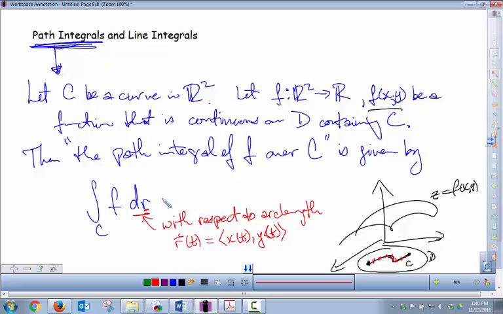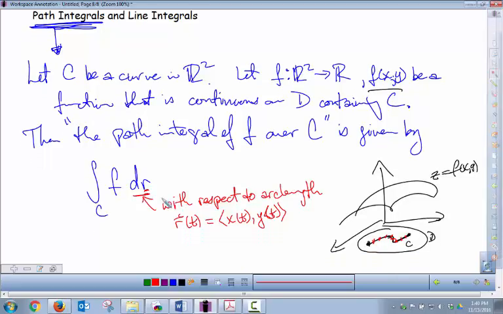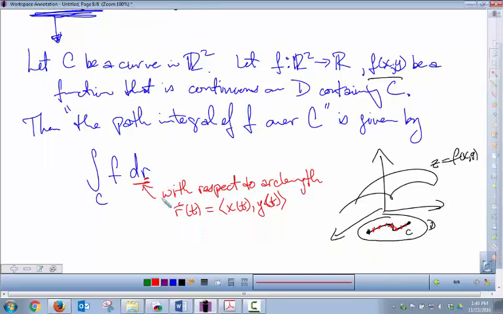Okay? Now, what are we getting out of this? If we break this up, because we have the function f of x involved here, right?